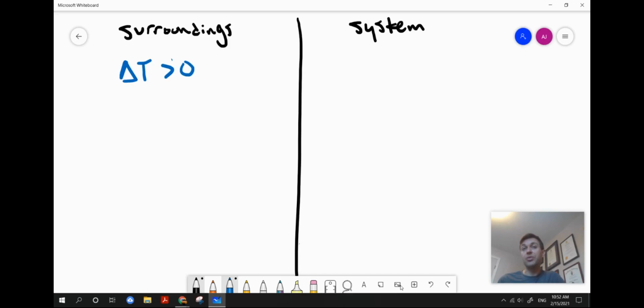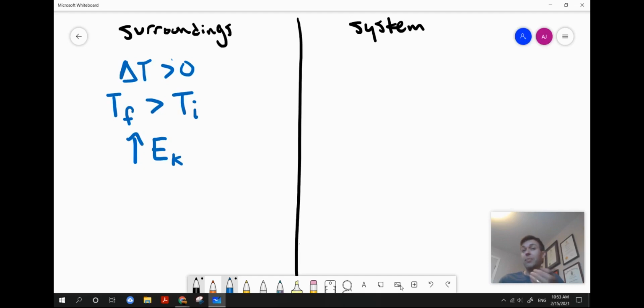Specifically, let's think of a situation where the temperature has increased through the process of this chemical reaction. If the temperature has increased, that means the final temperature is greater than the initial temperature. And that signals that there has been an increase in kinetic energy. An increase in kinetic energy just means the molecules in the surroundings are moving faster.